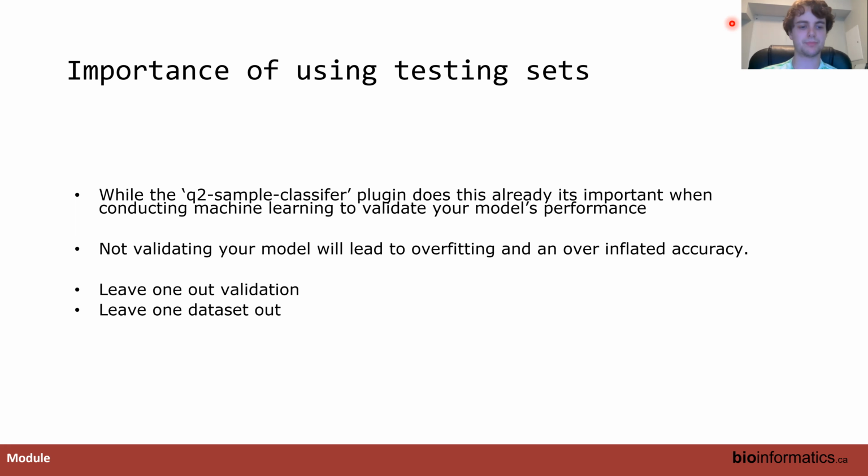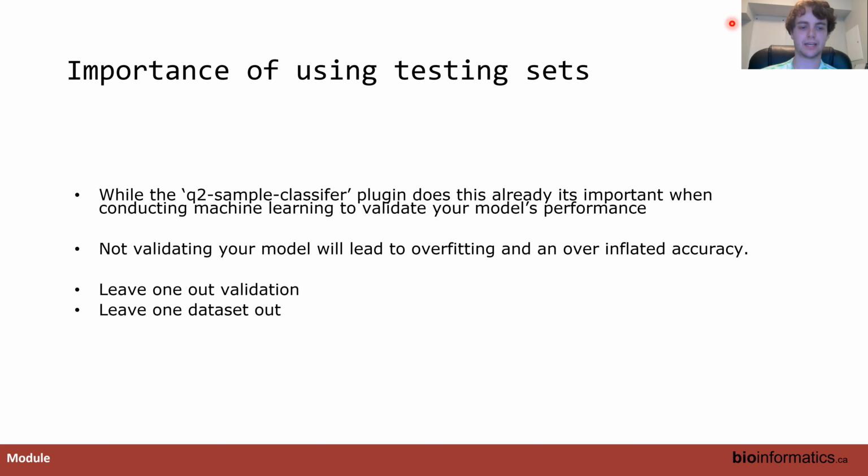And in some cases, you might even be able to do further validation or different types of validation. So if you have a smaller data set, sometimes you can use what's called leave-one-out validation. If you're interested in doing that, I suggest checking out Microbiome Helper, which is our lab's set of tutorials for different microbiome analysis types.